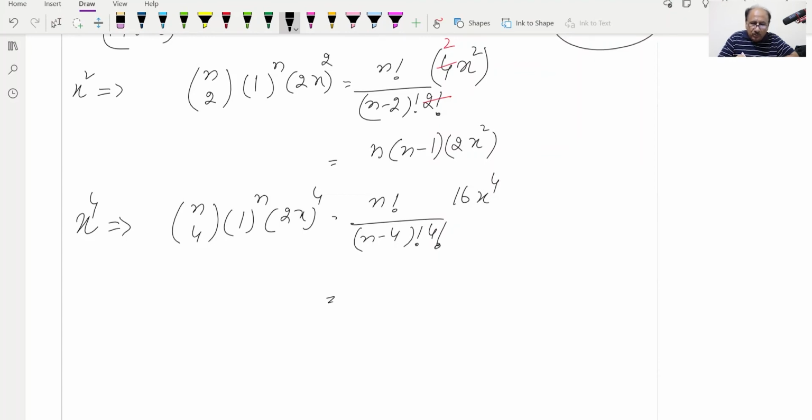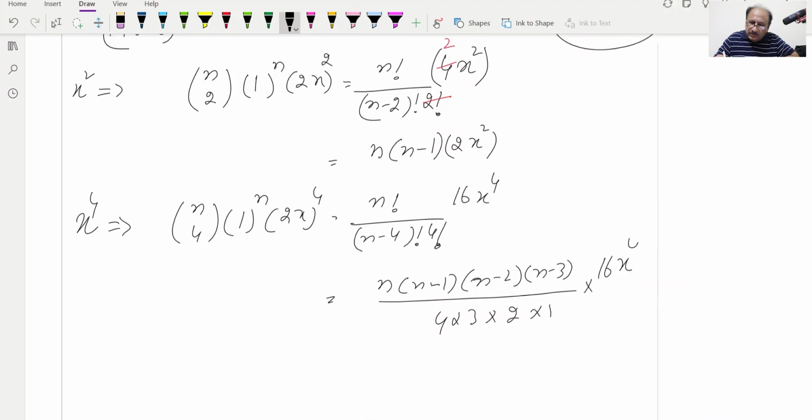In n factorial, the rest of the values will be cancelled with n minus 4 factorial, and the remaining values will be n minus 1, n minus 2 and n minus 3. Hopefully you are understanding this, and the rest is 4 factorial, so 4 into 3 into 2 into 1, and this will be multiplied by 16x^4.